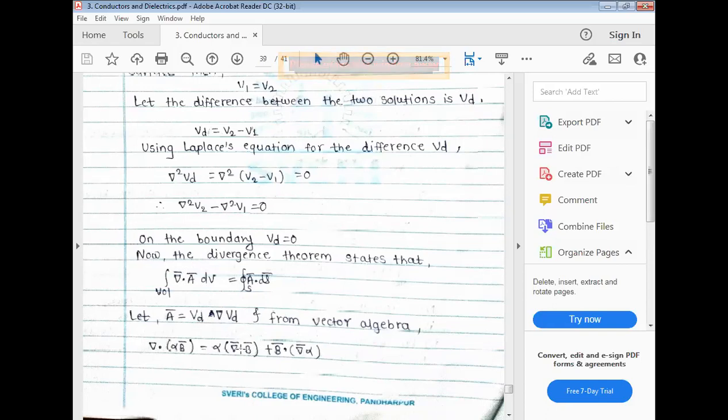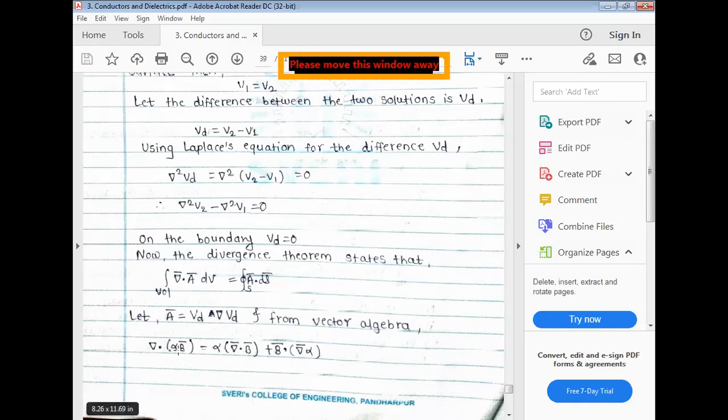We have seen one vector identity in energy density in electric fields also, where we first find the energy stored and then the energy density, right? So in that equation also we have seen one vector identity. Likewise, this is also one vector identity.